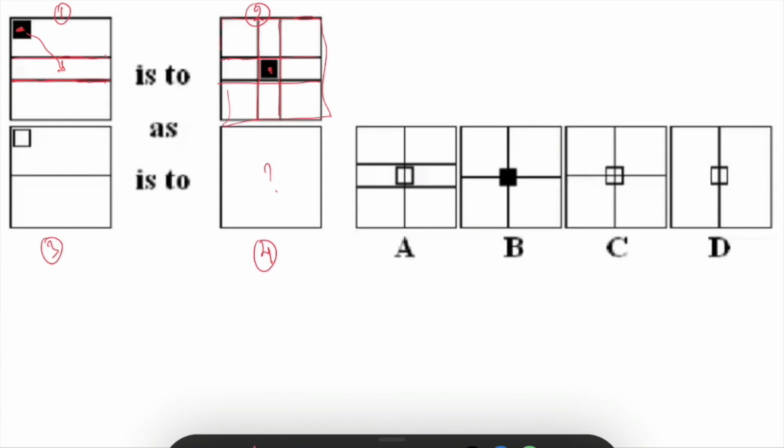We added the same number of vertical lines as horizontal lines. So we have one horizontal line, so I think we should add only one vertical line.